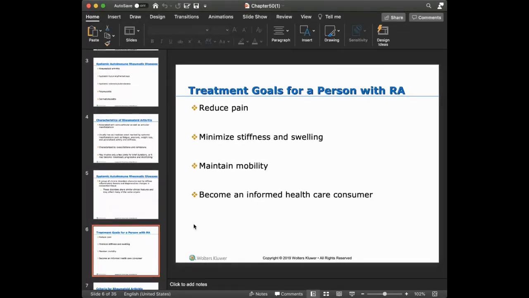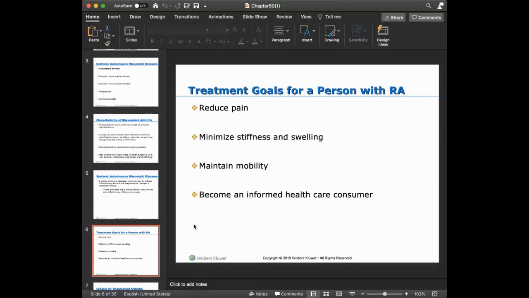Patients with rheumatoid arthritis, we talked about, are tired, fatigued, have weight loss and anorexia, and they ultimately have pain. So we want to help improve their symptoms. We can't cure the disease because it's a degenerative disorder. It's not going to go away, but we can help to minimize the symptoms. We want to decrease the pain by giving them pain medication.